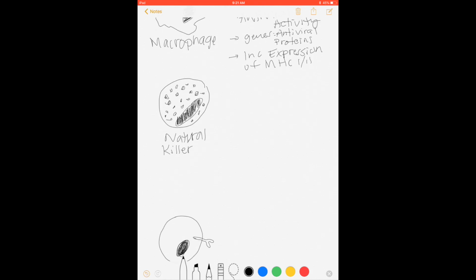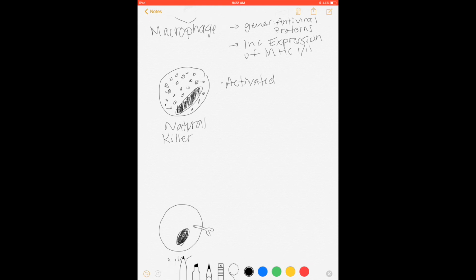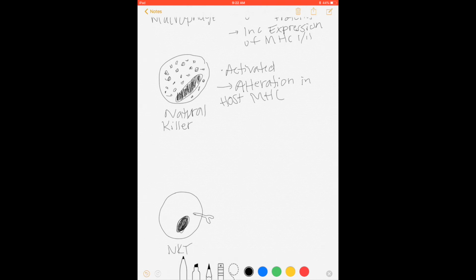Next, we have the NK cells. These are naturally activated when it recognizes any alterations in cellular MHC when the cell is infected or compromised. NK cells are not activated through TCRs, which make them more effective for viral infections.